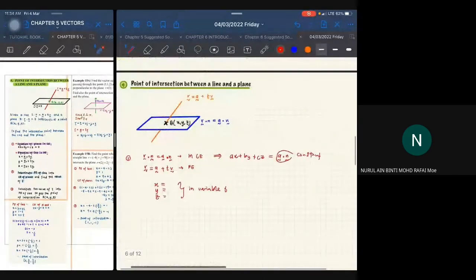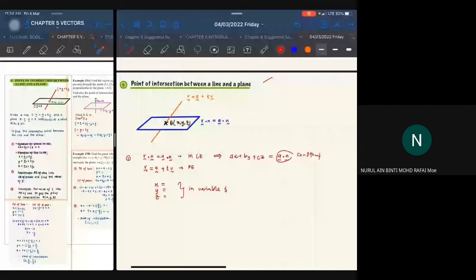Okay, but before that, in your syllabus, you are only supposed to learn on how to find the point of intersection between a line and a plane only. Satu line, satu plane. Kalaulah soalan tu bagi awak dua plane ataupun dua line, that is actually out of syllabus.